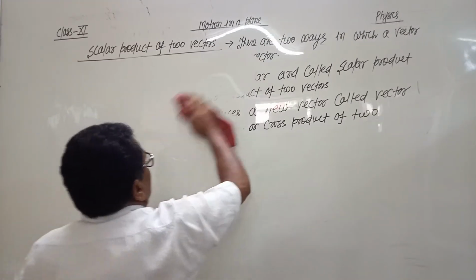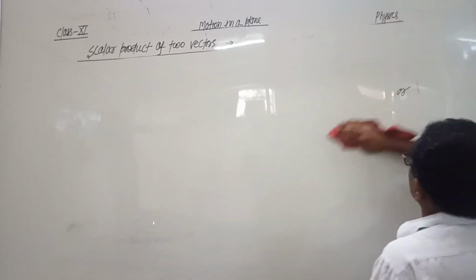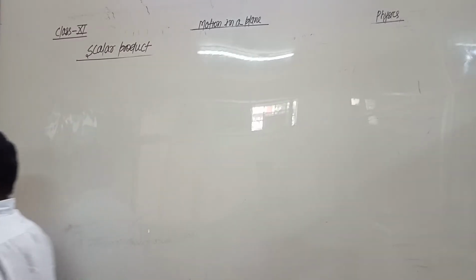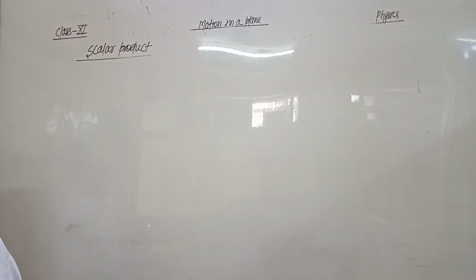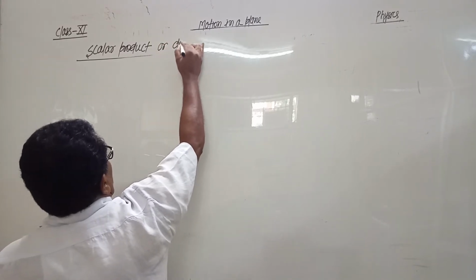The first is the scalar product of two vectors. The first way of multiplication is a scalar product or dot product.